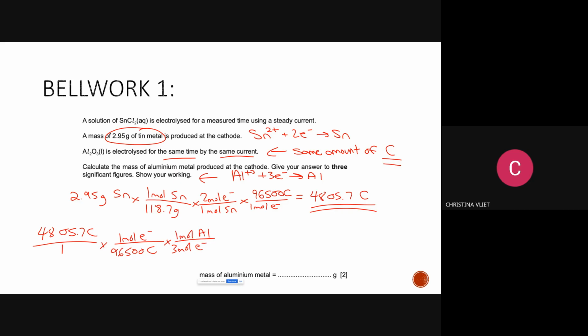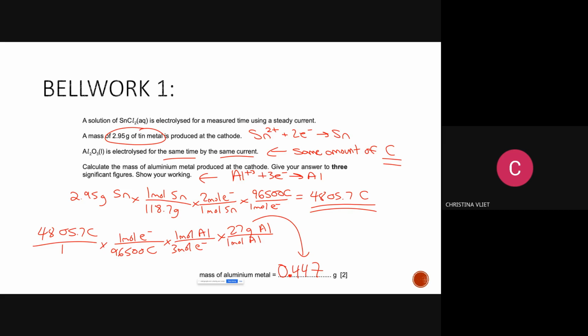And then we need to be in grams, right? Grams would be 1 mole, 27 grams. Which gives us our answer of 0.447 or 0.45 grams.